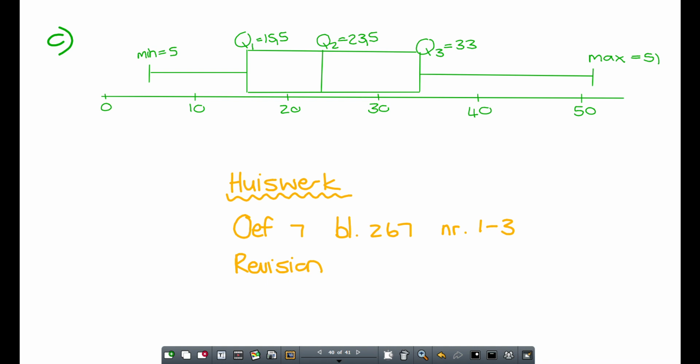Nee? Revision exercise. That's on page 270. Nee, toe, kom. You're going to do number 1 and 2. Ach, nee, toe. I am very slow motion. Okay, right, so that's it.